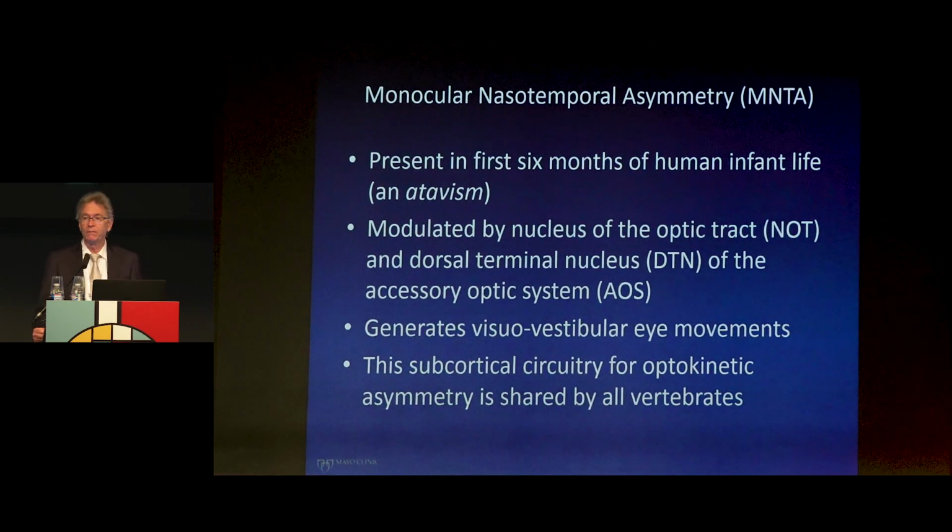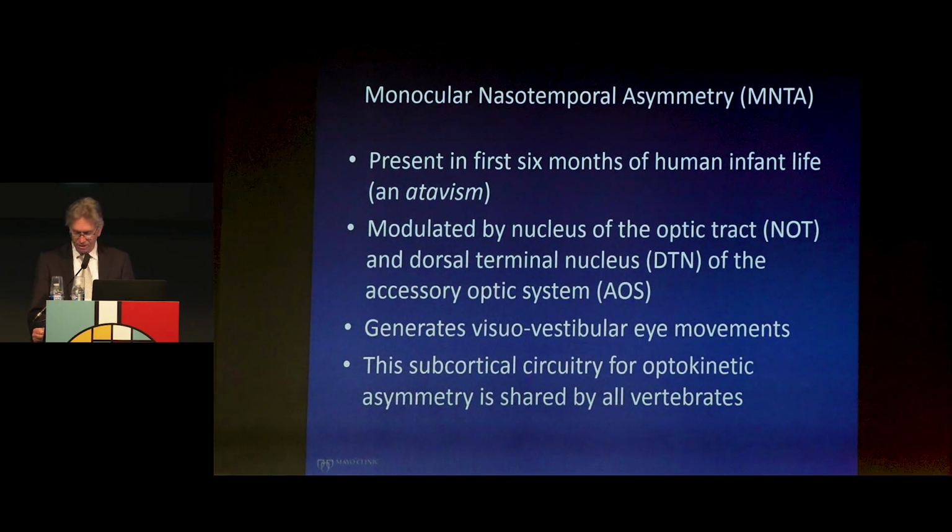So the persistence of monocular nasotemporal asymmetry in infantile esotropia is an atavism, meaning it's a throwback to an earlier evolutionary form that was lost in succeeding generations, but then reactivates and gets a foothold in children with infantile esotropia.